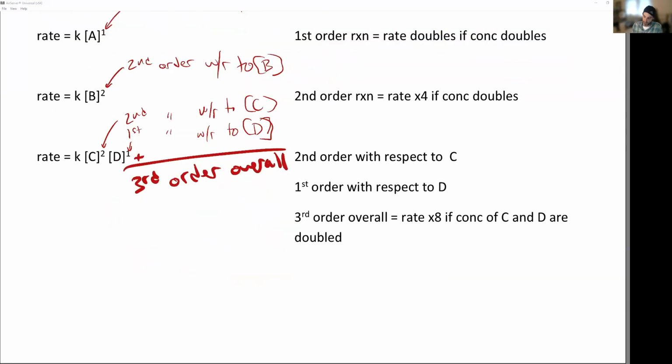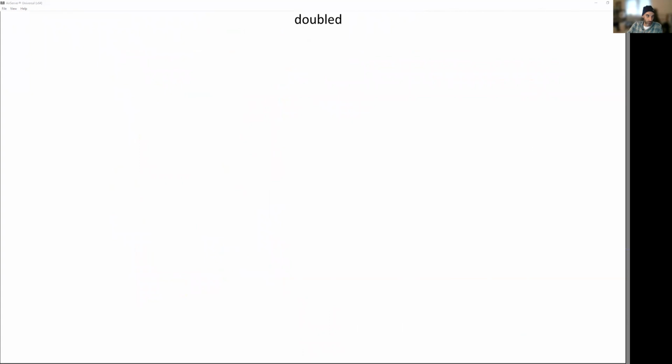In fact, let's take a look at what these things actually mean when we put them together. So let's take a closer look at these exponents. Again, those exponents are reaction orders. I know it doesn't make much sense now. It does when we start looking at data. So in order to understand this, let's just plug in some numbers.